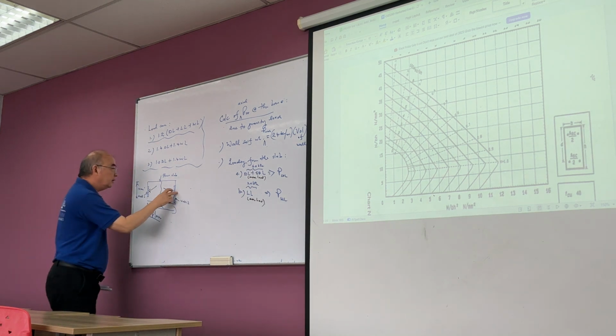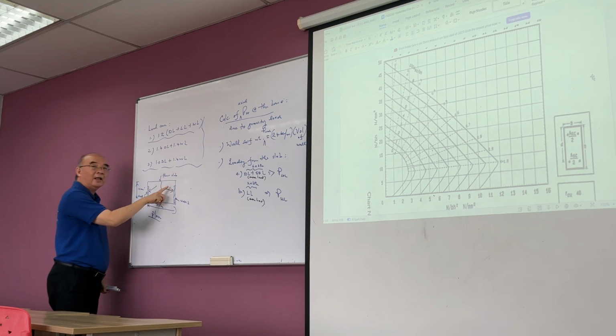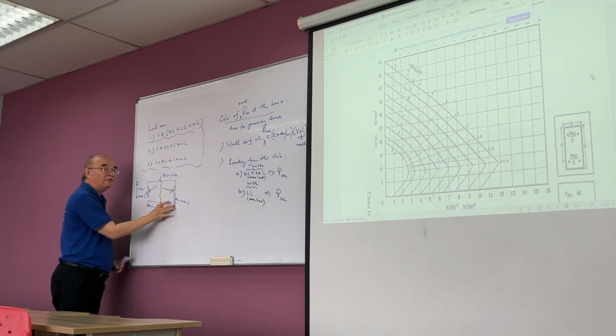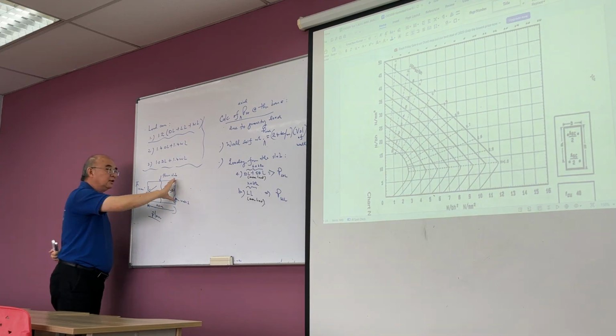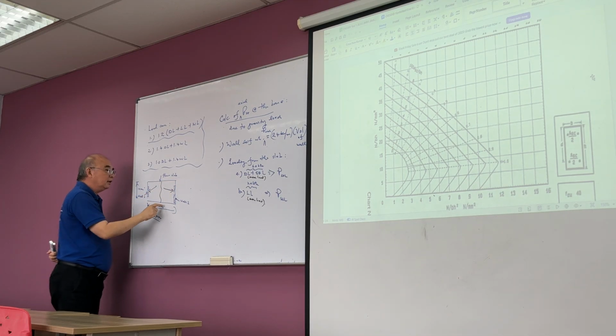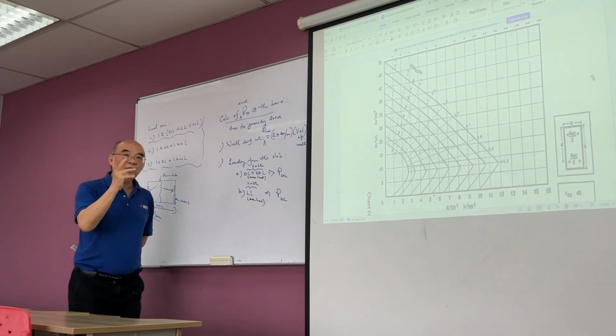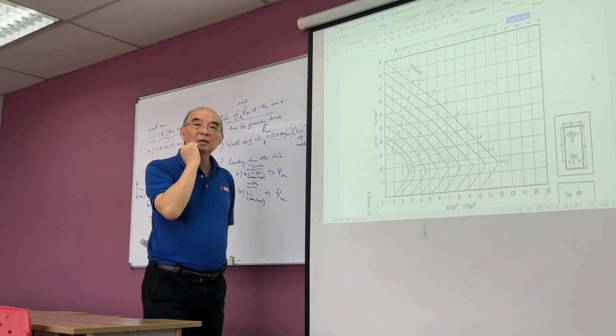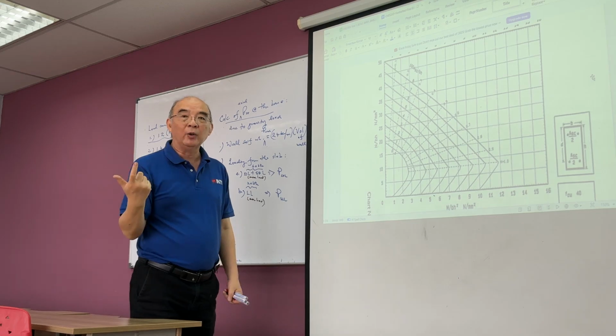This wall is supporting 10 by 10. This is 20, so half of it is 10. So this wall is supporting a 10 by 10 area, that means 100 square meters.